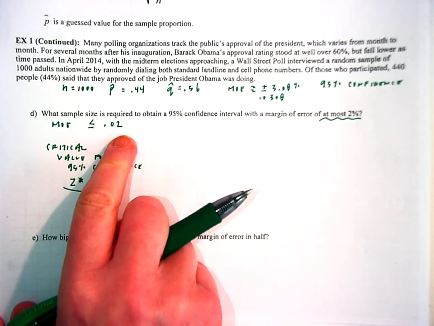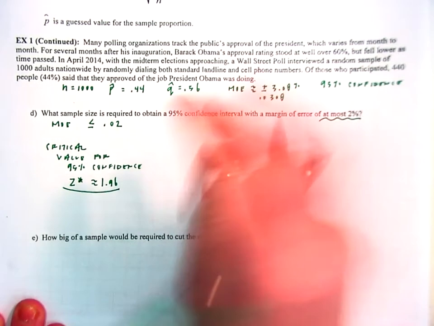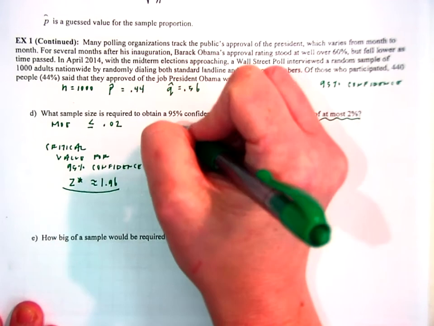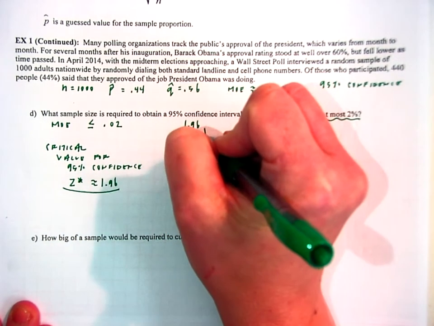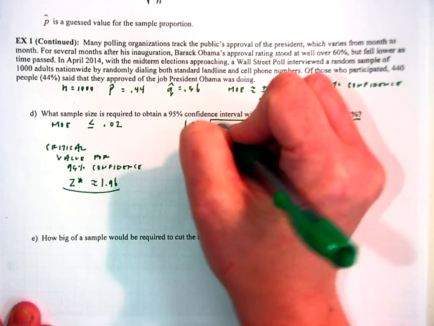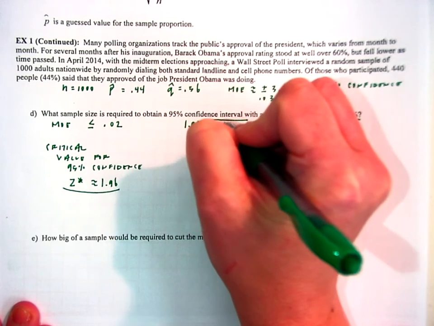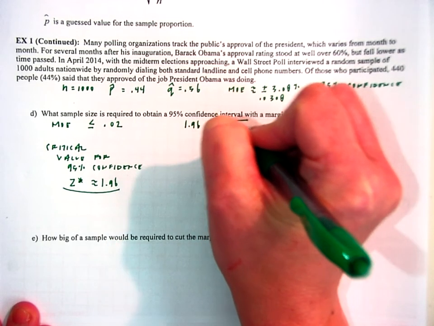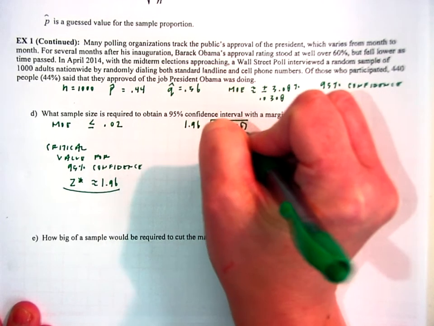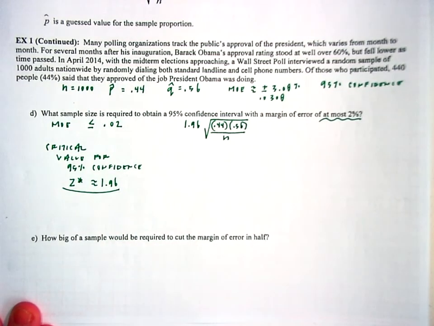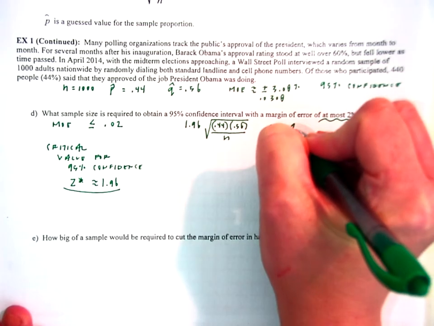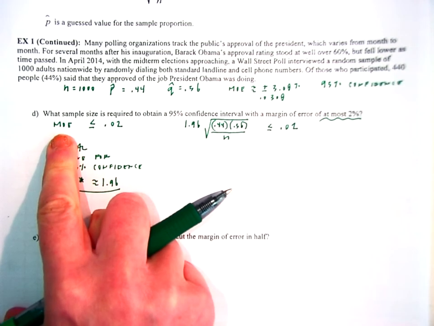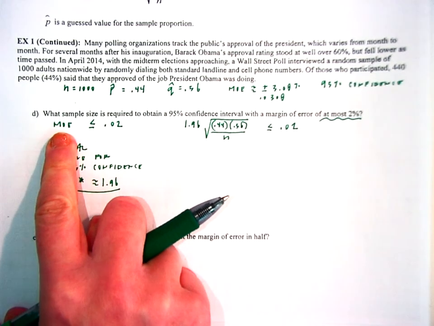My margin of error is going to be my critical value, 1.96, multiplied by my standard error, the square root of 0.44 times 0.56 over n, since it's my sample size that I want to solve for, so I'm leaving that as n. And that has to be less than or equal to 0.02. So all I've done for my margin of error is plug in everything I know.